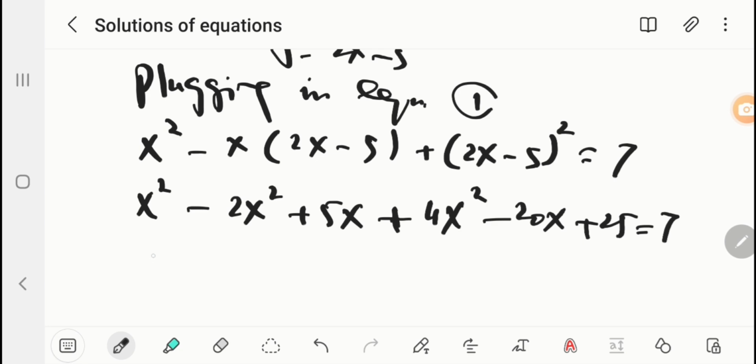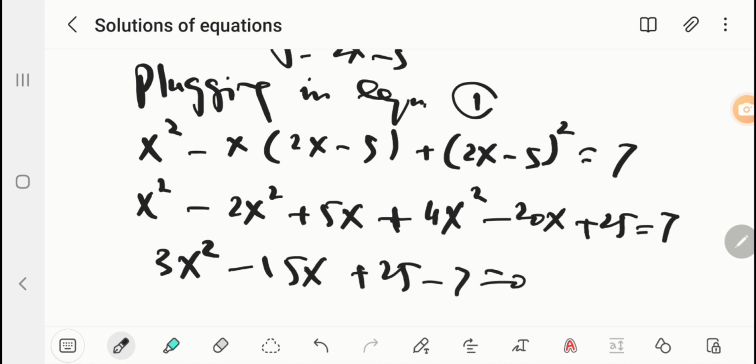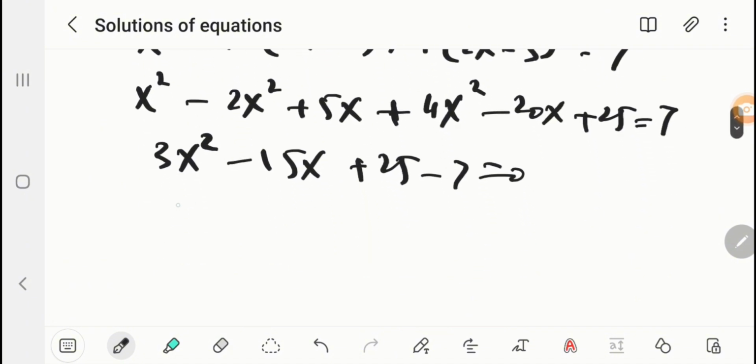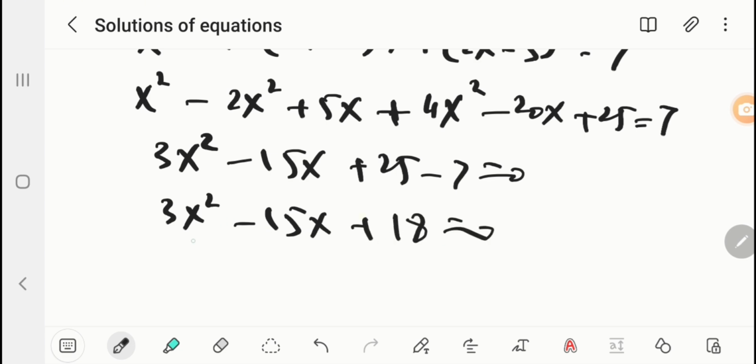Now we have x squared plus 4x squared, 5x squared minus 2x squared will be 3x squared, plus 5x minus 20x will be minus 15x, and plus 25 minus 7 equal to 0. Next it will be 3x squared minus 15x plus 18 equal to 0.